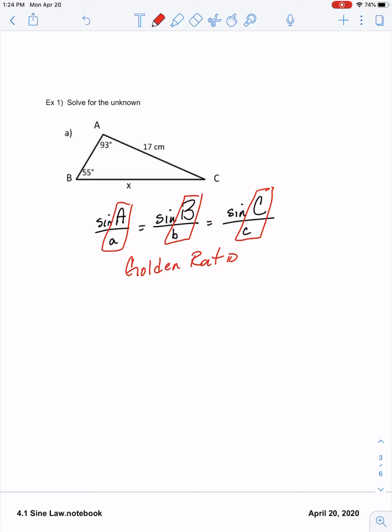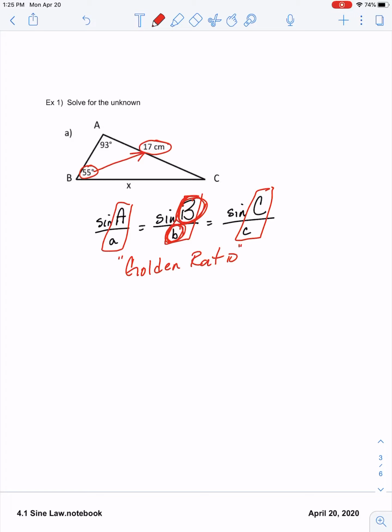So if you take a look in this diagram, I know this is 55 degrees, and I also know that the side opposite it is 17 centimeters. So in this case, I know angle B and I know side B. So I have what we're going to call the golden ratio.